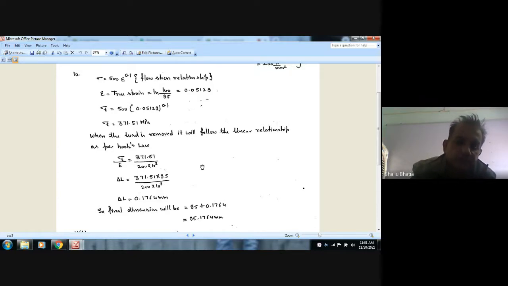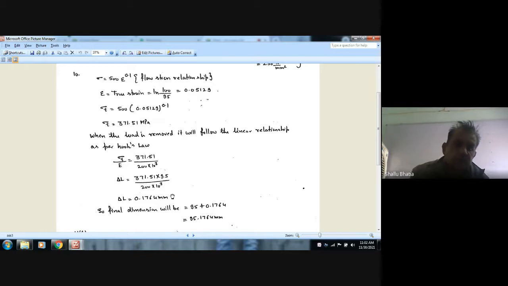Okay, now the material will try to come back toward its initial position. As the load is removed, it will deform according to linear relationship. Okay, because of strain hardening phenomena. So delta L will be 0.1764 because compressive stress has been removed from it.